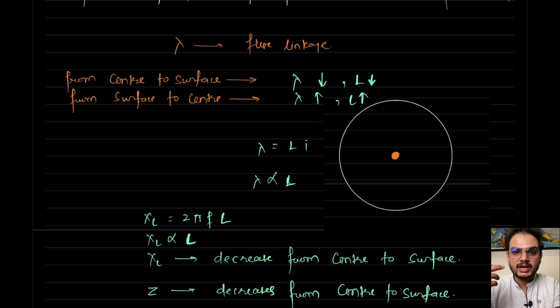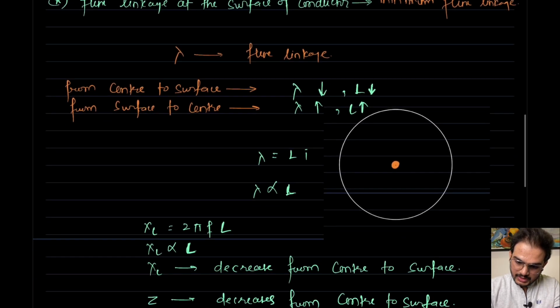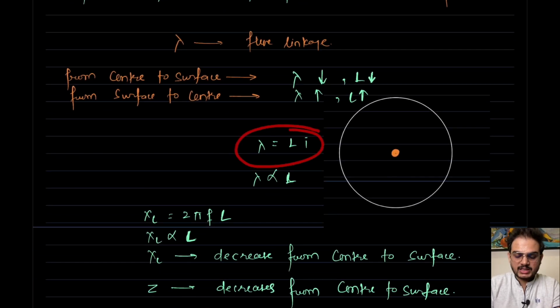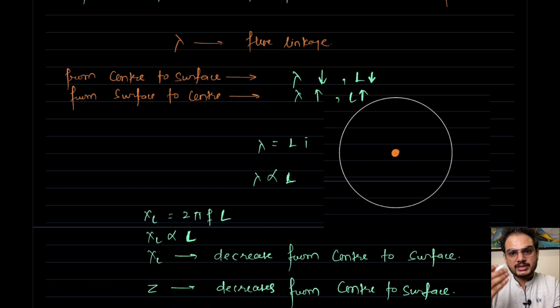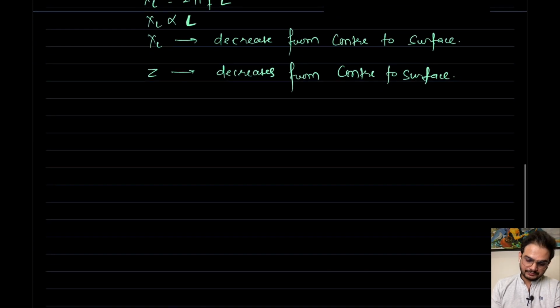We know that inductance is directly proportional to flux linkages, according to this relation, psi is equal to L I. My inductance is also decreasing from center to surface. As my inductance is decreasing, my inductive reactance is also decreasing from center to surface. And as my inductive reactance is decreasing, my impedance is also decreasing from center to surface. So this is a very crucial point.